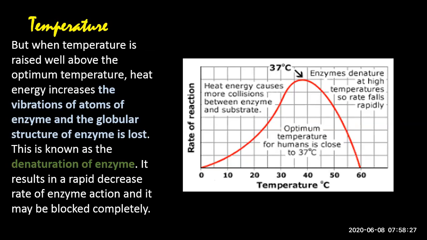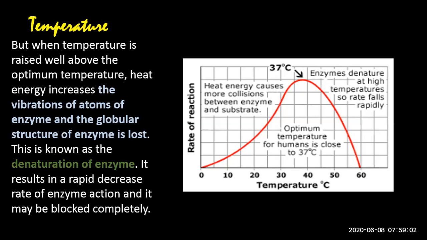Initially, when heat adds into the reaction, the atoms of the enzyme start vibrating as soon as they gain energy. But a time comes when they gain so much energy that the atoms in the enzyme vibrate too much and lose structure. They break the ionic bonds or covalent bonds.